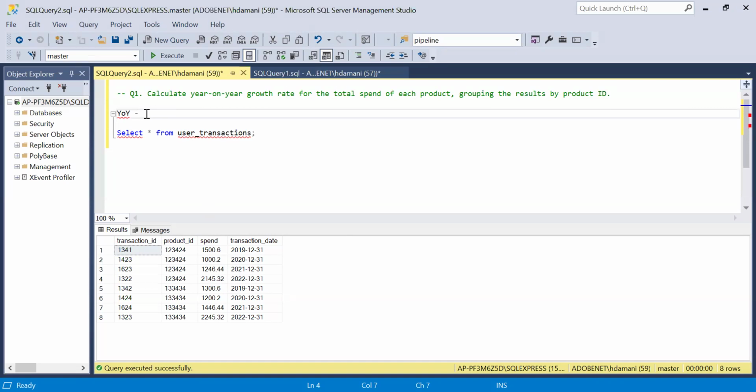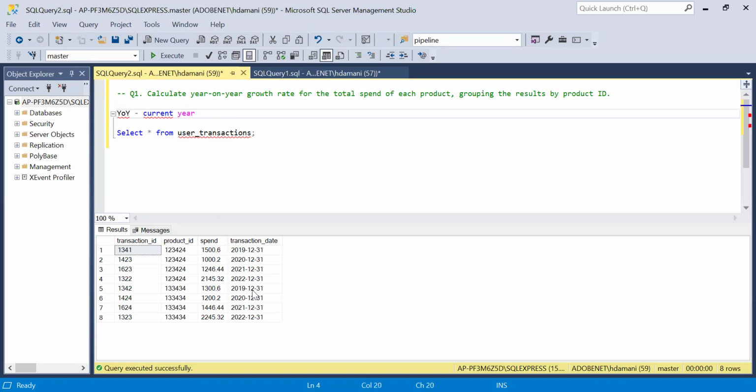Year over year growth or degrowth is nothing but the change in amount of spend which we had made. Please make a note of this. So how can we calculate the change? Change is nothing but spend of current year. It could be spend, it could be sales or anything else.